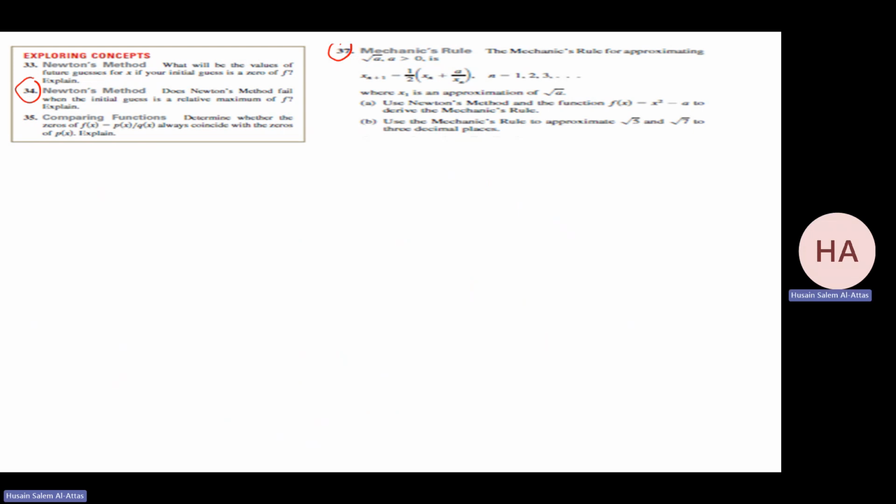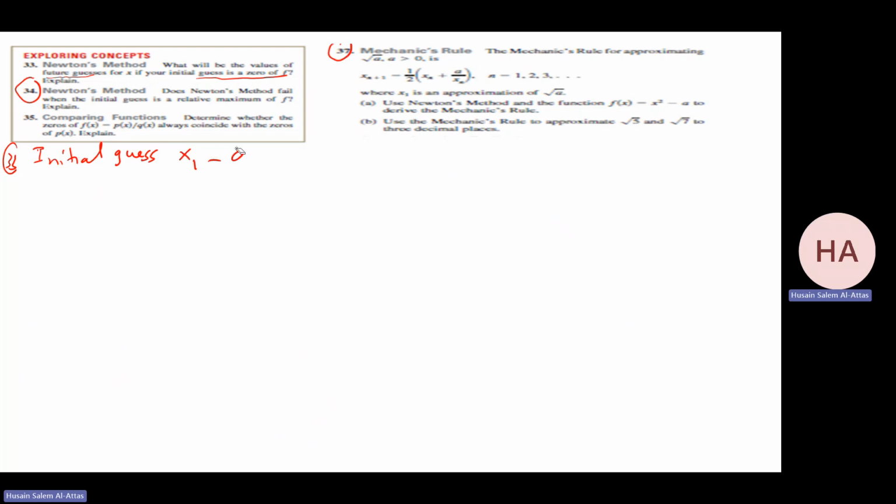Now this exploring concept. What will be the values of future guesses if your initial guess is 0 of f of x? I have initial guess 33, x1 is 0.